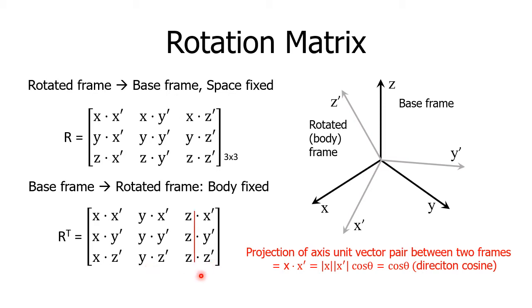The third column is the projection of Z onto X prime, Y prime, and Z prime. In space-fixed rotation matrix, X, Y, Z are in column vector, while in body-fixed rotation matrix, X, Y, Z are in row vector. So that's why the body-fixed rotation matrix can be expressed as the transpose of the space-fixed rotation matrix.